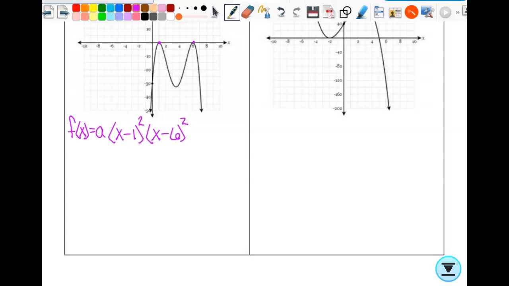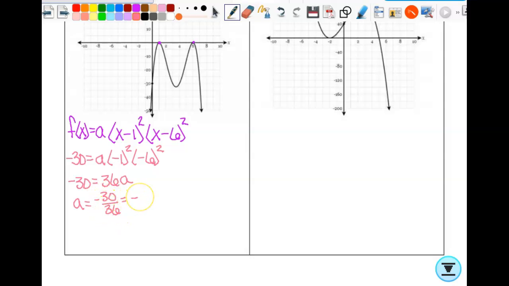All right, so then we're going to have to figure out A. What's the y-intercept? Negative 30. So negative 30 equals A times negative 1 squared times negative 6 squared. So negative 30 equals, so negative 1 squared is 1, negative 6 squared is 36. So A is equal to negative 30 divided by 36.